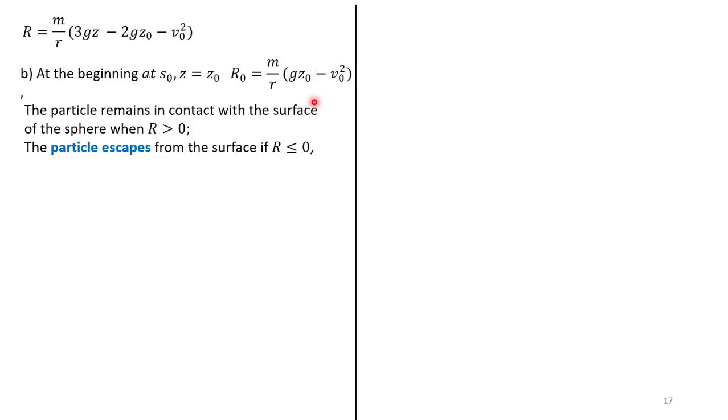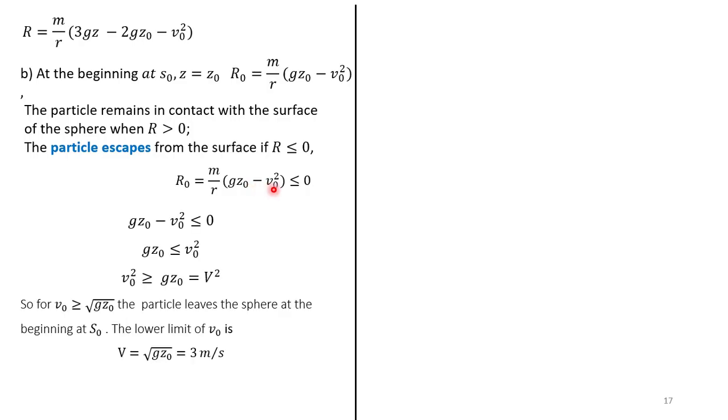Our expression of R will become, so R is smaller than or equal to 0 at point S0. This means that R0 is smaller than or equal to 0, where R0 is this expression. It's equal to m over r, gz0 minus v0 squared. So this will give us that gz0 minus v0 squared is smaller or equal to 0.